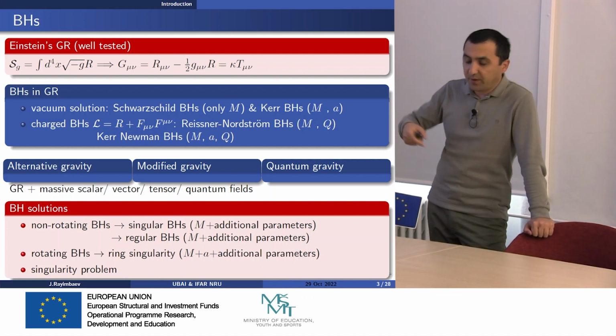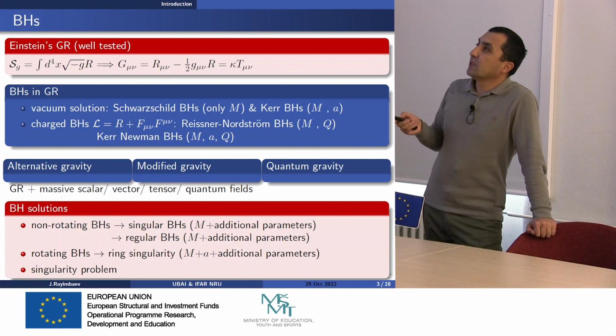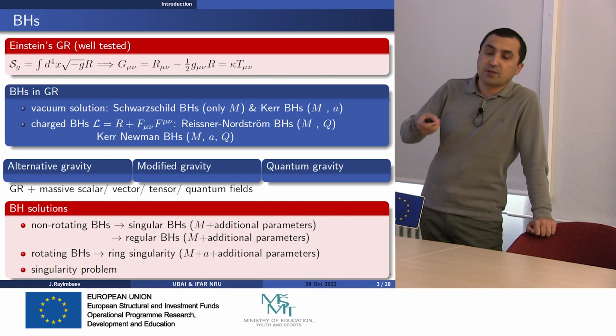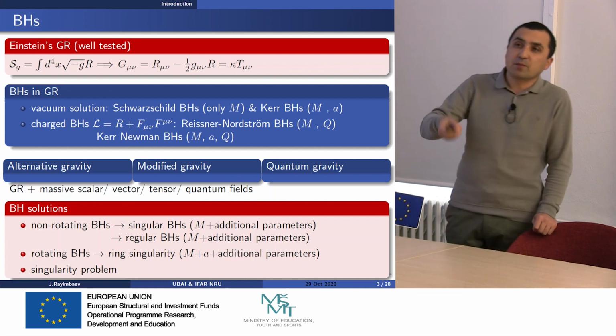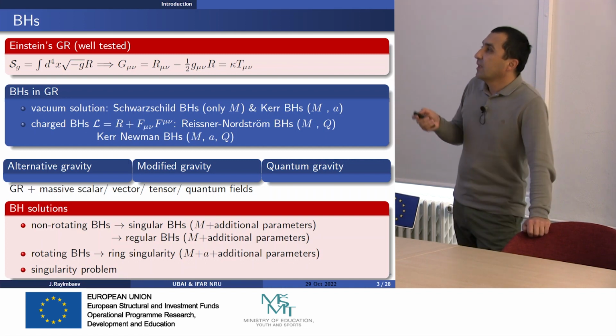There are some quantum effects near the horizon, like Hawking radiation. The problem is that the Schwarzschild and Reissner-Nordström black hole solutions in general relativity have a singularity problem. It is a mathematical singularity which cannot be explained physically in general relativity.